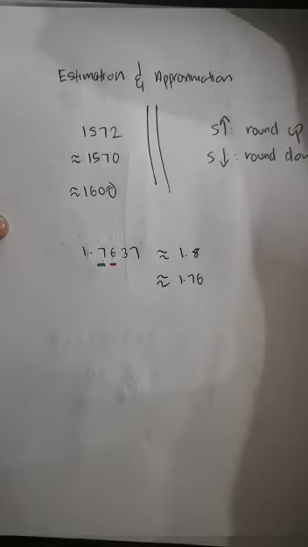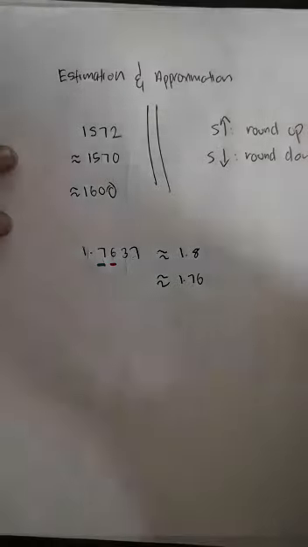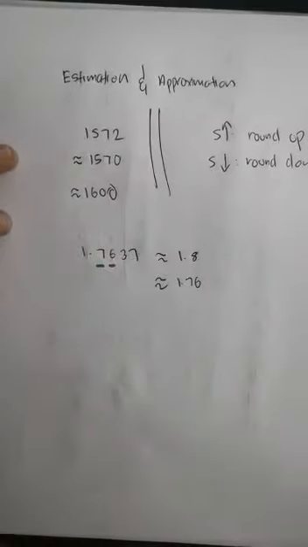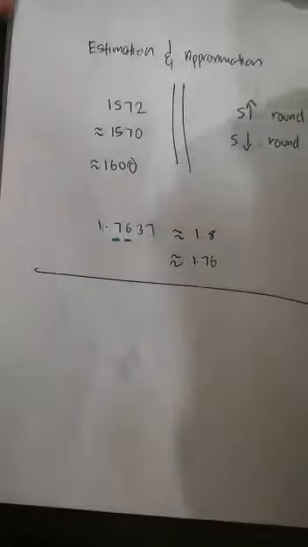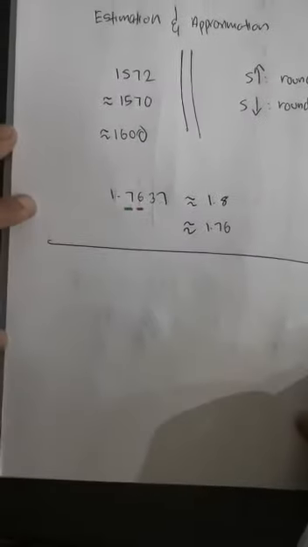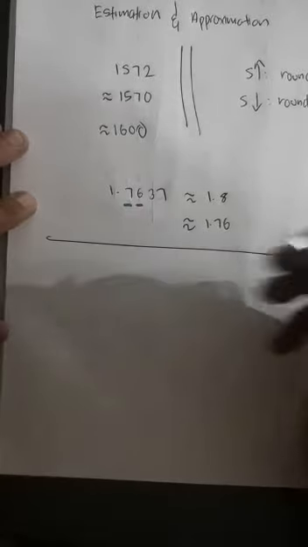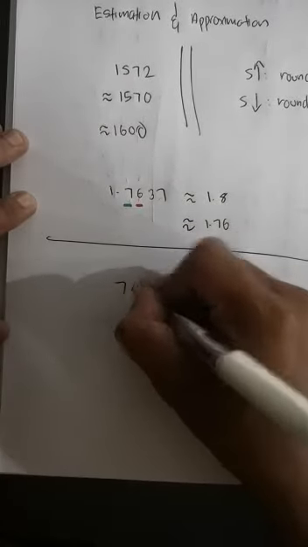Now, the slightly trickier part will be the significant figures. Okay, now forget about this. Let's go to significant figures. If let's say I give a random number of 7,432.